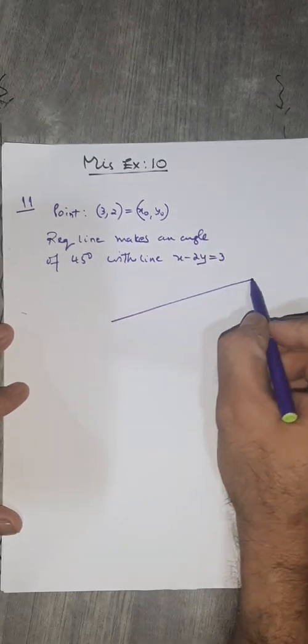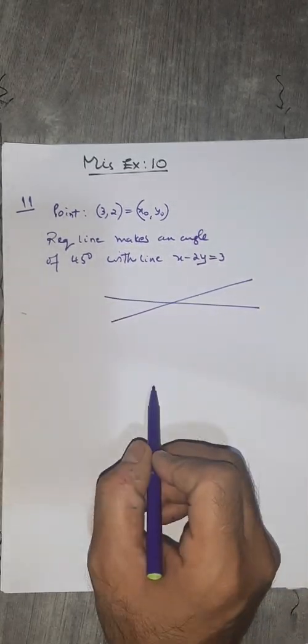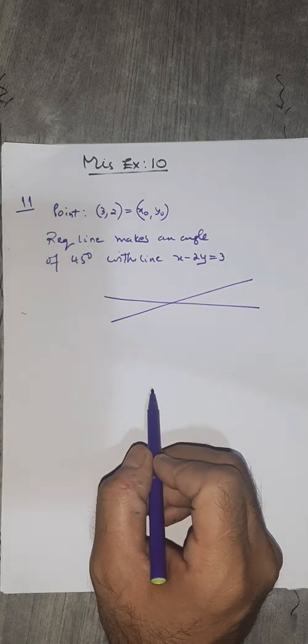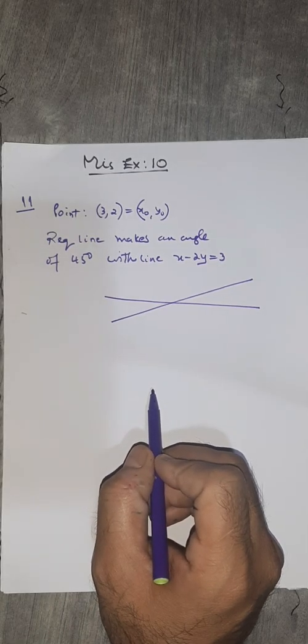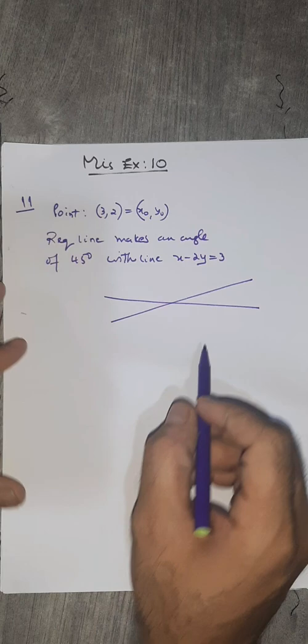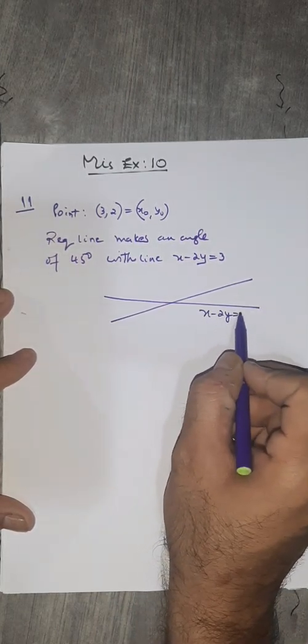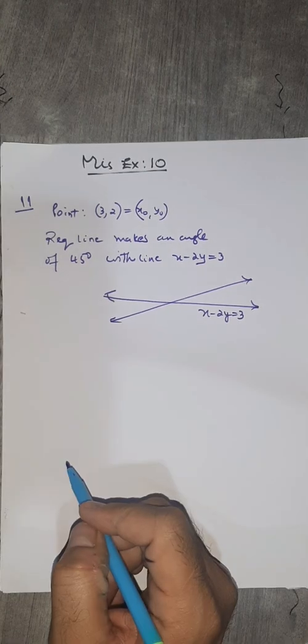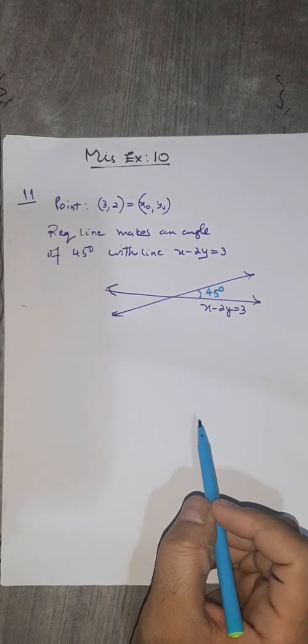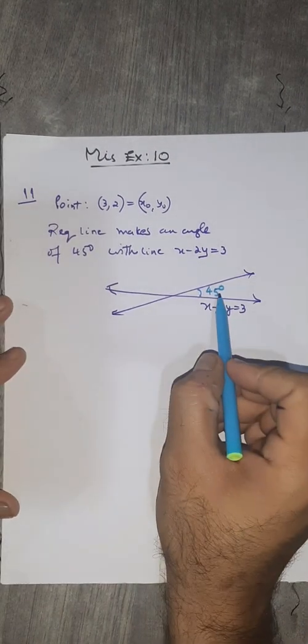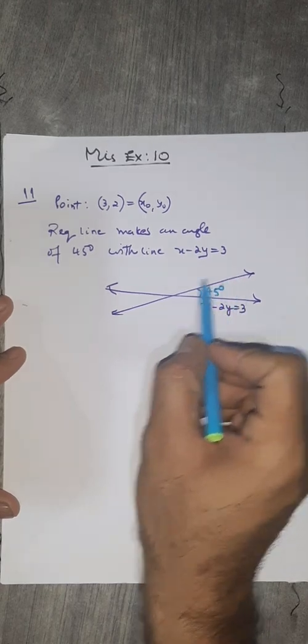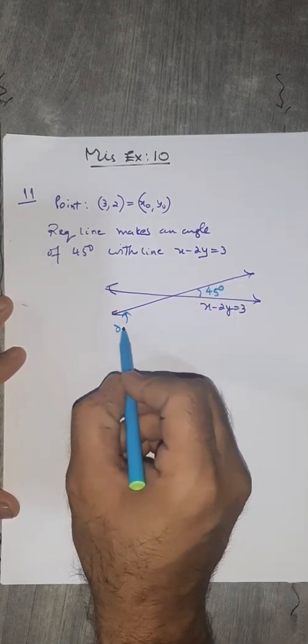So it's like this. Here you are given one line, suppose this one, which is x minus 2y equals 3. This angle is 45 degrees. This is our required line.